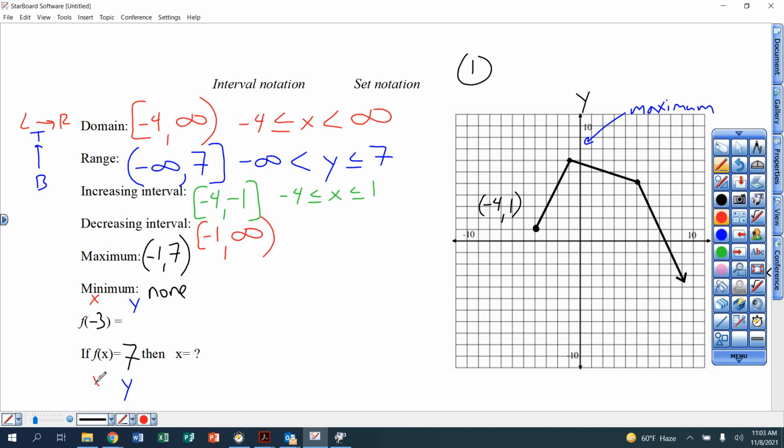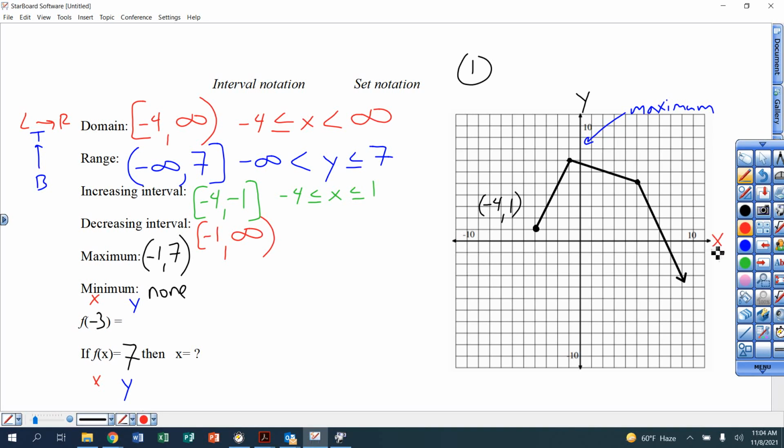So find this x-axis. This is your y-axis. Find -3 on your x-axis, and then go up or down until you hit that line. And when you come in contact with that line, look to the right and see what that y number is. So when x is -3, y is 3.